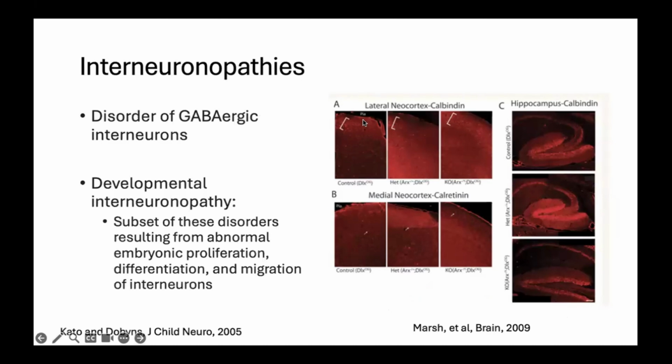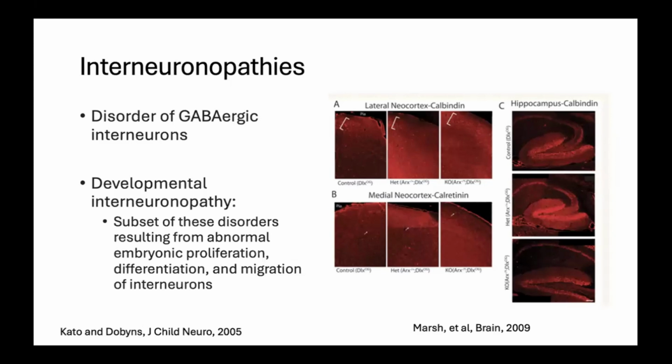And you can see in his pictures, this is looking specifically at some inhibitory interneurons. And in their ARX model, there's a change in where these inhibitory interneurons are located in both the hippocampus and in the cortex. The term interneuronopathy was coined by Bill Dobbins in 2005, so kind of way back then.